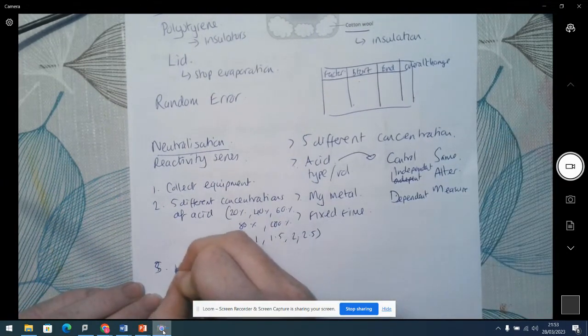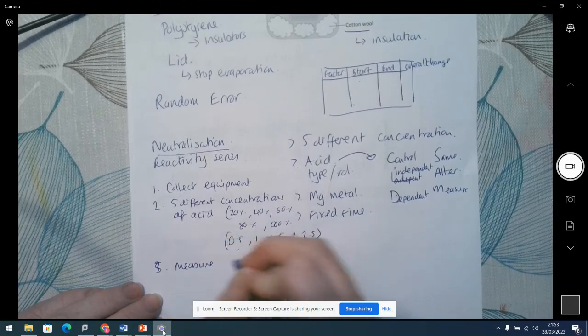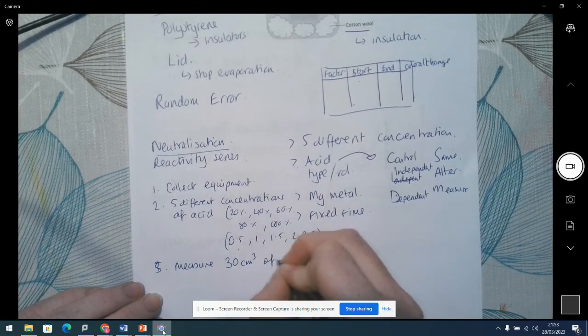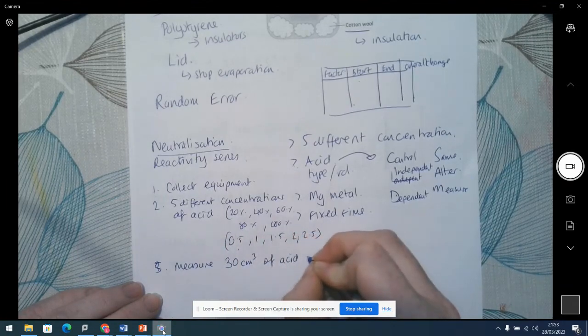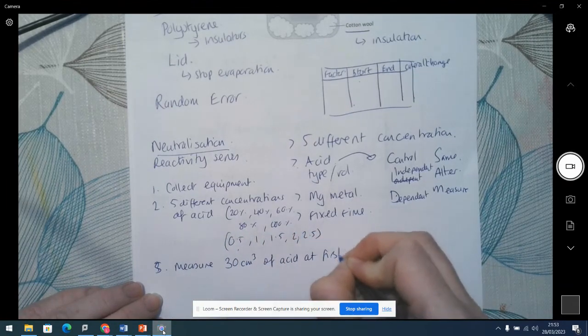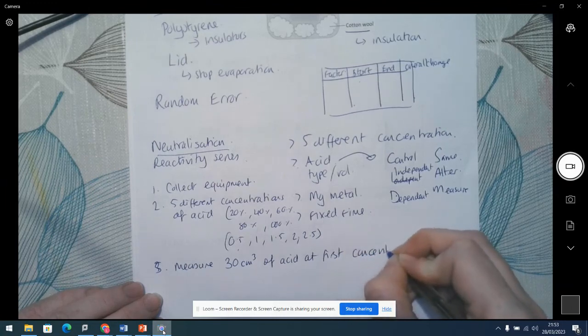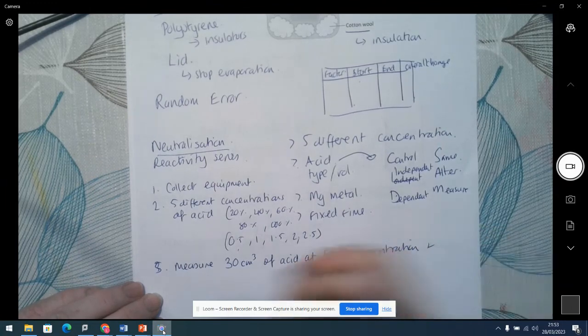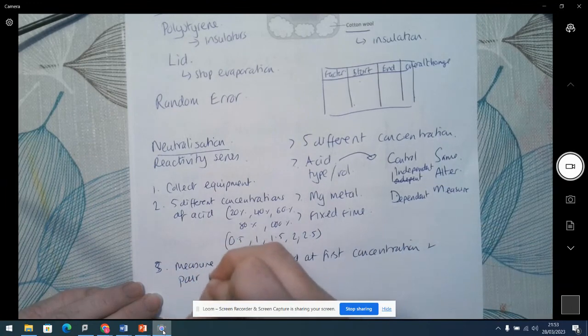I'm then going to measure 30 centimeters cubed of acid at first concentration and pour into my polystyrene cup.